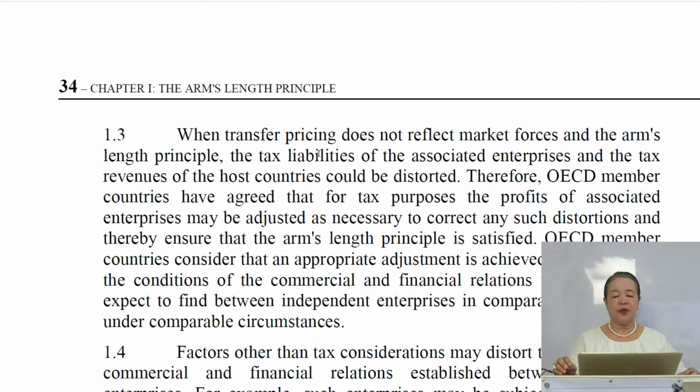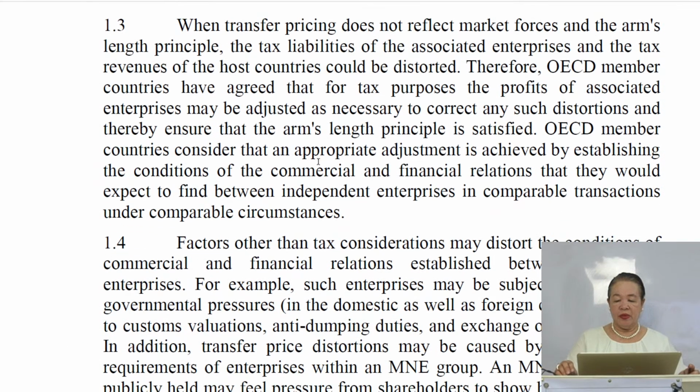So when transfer pricing does not reflect market forces and the arm's length principle, the tax liabilities of the associated enterprises and the tax revenue of the host countries could be distorted.